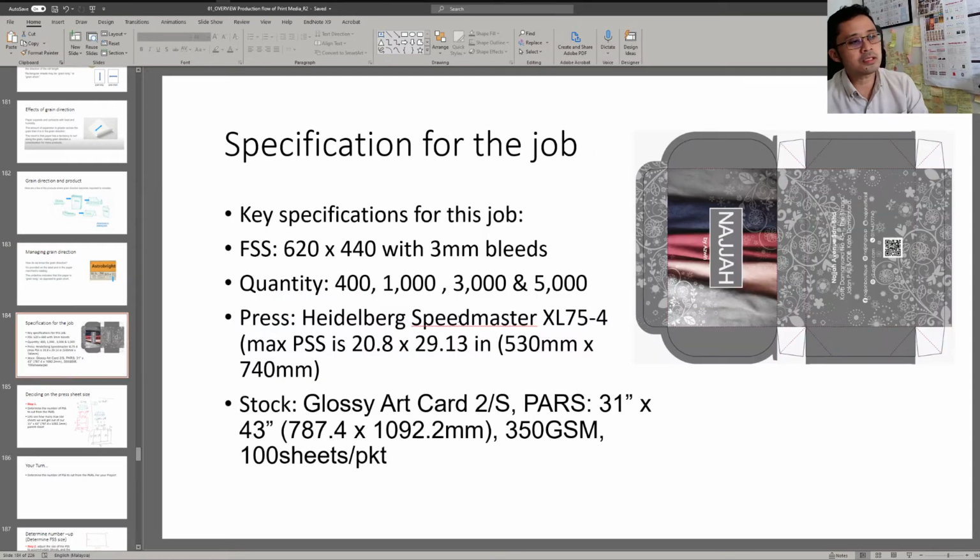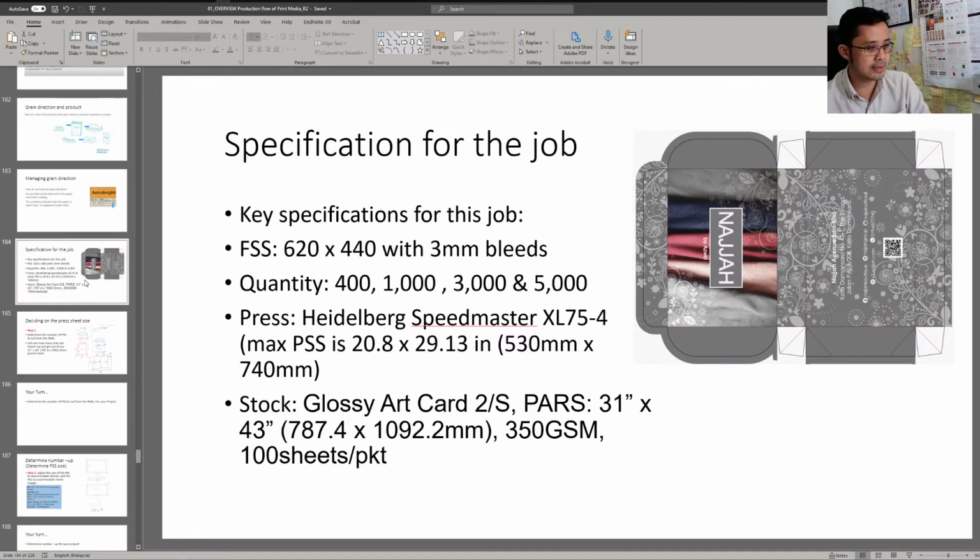Okay, so let's look at the specification for the job. So we need to plan. Specification for the job. So this is the key specification. To understand this concept, nak memahami konsep ini, kita kena practice. We need to do some calculation. Number one, we need to know the specification for the job.